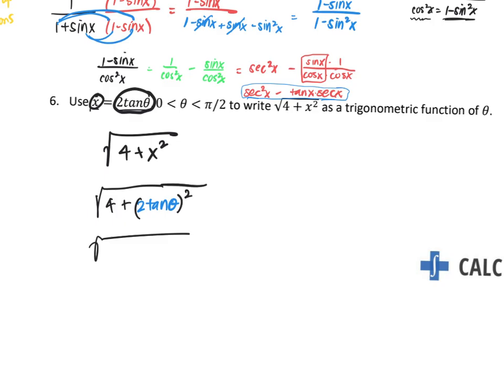Okay, now let's simplify. 2 squared is 4, and tangent squared is tangent squared. Okay, and then I have something in common between these two terms. I have a 4, so I can actually divide out a 4.